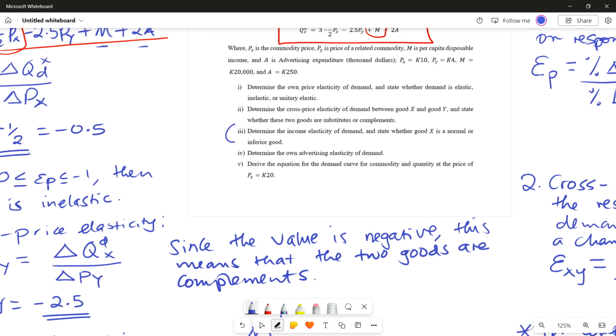Then part 4, can we determine the own advertising elasticity of demand?